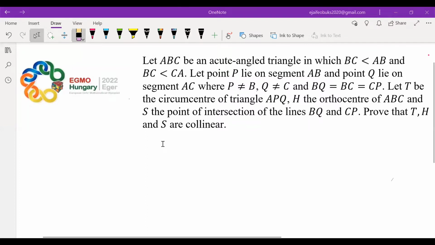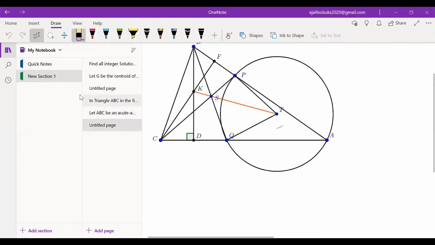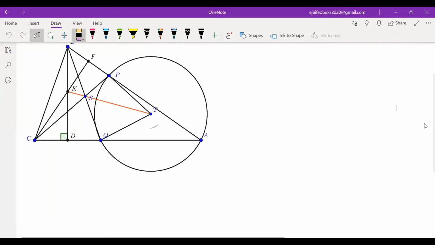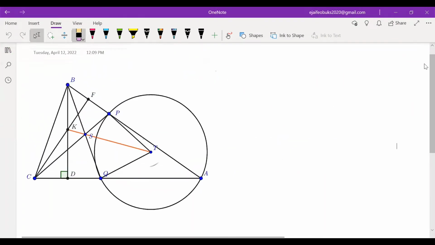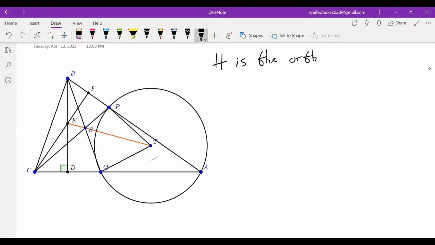So I'll go to a new page now, because I already drew the diagram for this problem in a separate place. So you can see the diagram. I already constructed this on GeoGebra. So we have points A, B, C, and all that. We have to prove that T, S, and H are collinear. Before doing that, let's understand what points T, S, and H actually mean. H is the orthocenter of ABC.